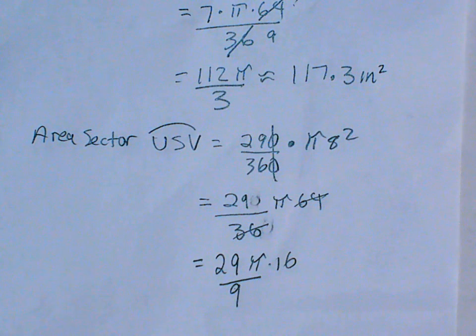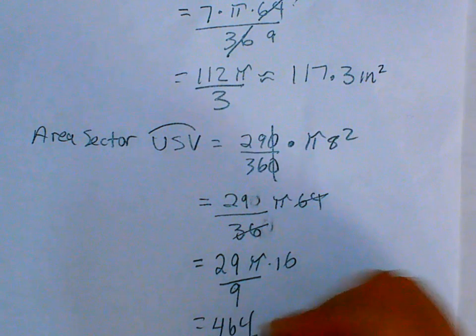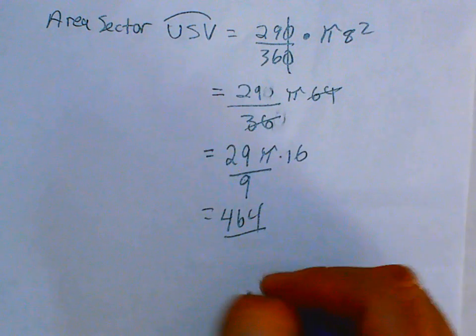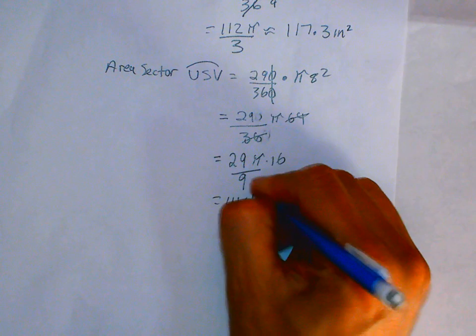Okay, so 16 times 29, that gives me 464 over 9 pi.